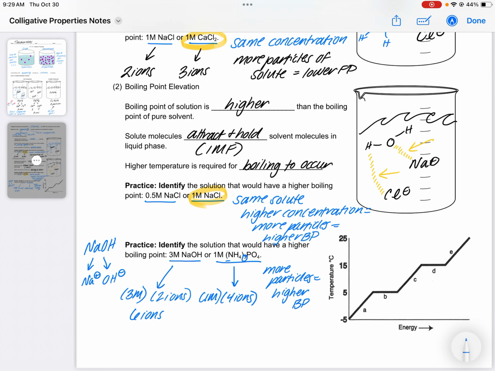There are 3 of this NH4, and the PO4 is not in parentheses, so there's only 1 of them. So we can sometimes just look at the subscripts to figure it out. So in this case, it is going to split up into 4 ions. 4 is still smaller than 6, and so this compound here will give off more particles and will have the higher boiling point.